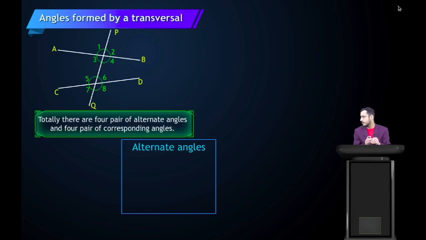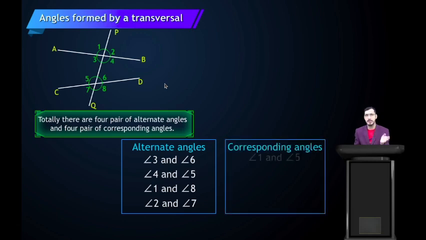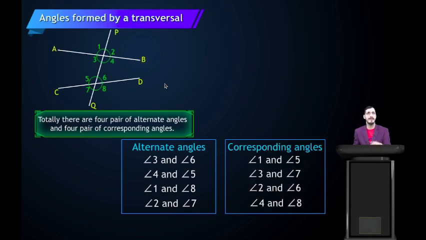The alternate angles are angle 3 and angle 6, angle 4 and angle 5, angle 1 and angle 8, and angle 2 and angle 7. The corresponding angles are angle 1 and angle 5, angle 3 and angle 7, angle 2 and angle 6, and angle 4 and angle 8.